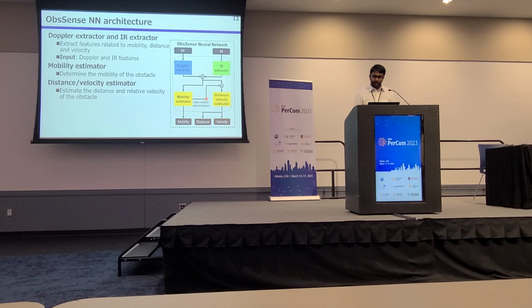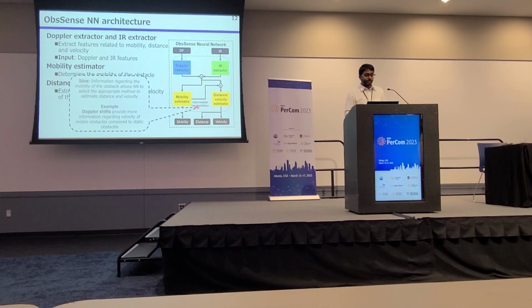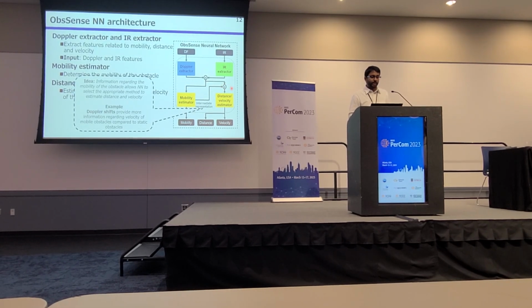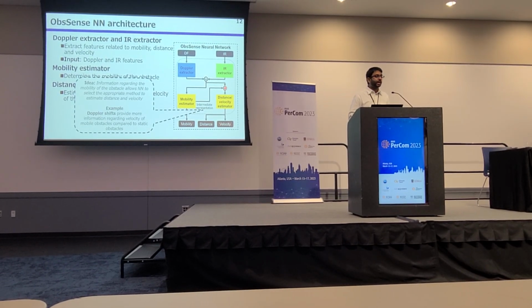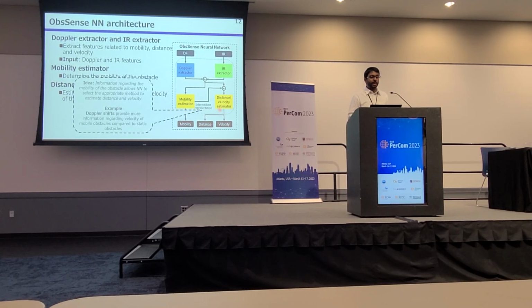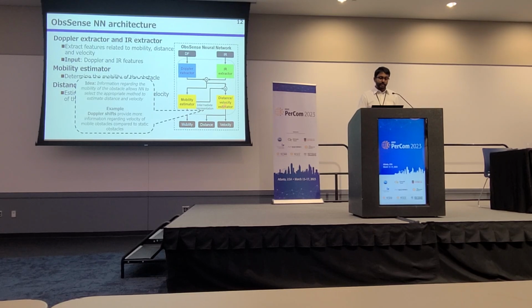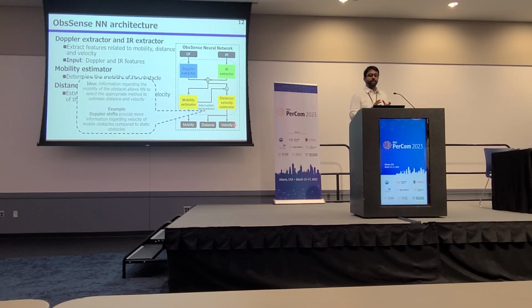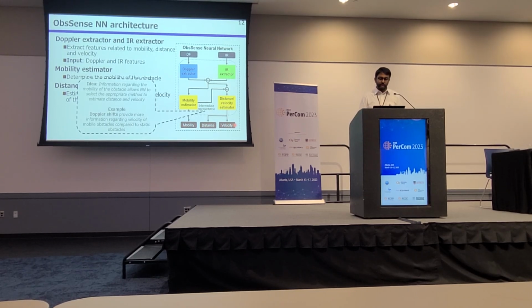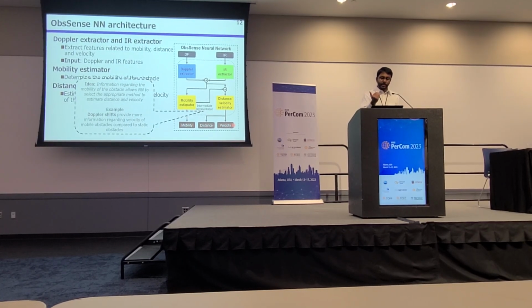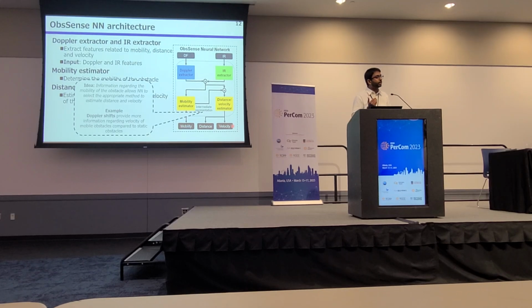Furthermore, we use the intermediate representation of the mobility detector, concatenate that with the outputs of the Doppler and IR extractors, and input it back into the distance velocity estimator that jointly estimates the distance and the relative velocity of the obstacle. So the basic idea here is that by employing the information regarding the mobility of the obstacle, we allow the neural network to select the most appropriate method to estimate the distance and the relative velocity.